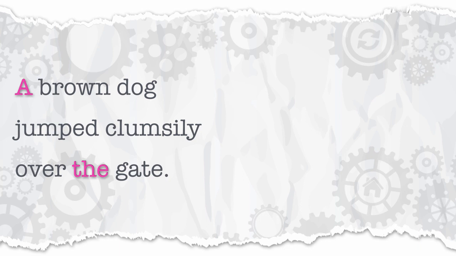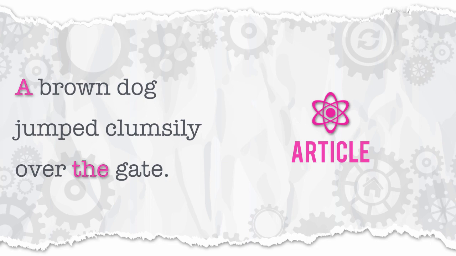What parts of speech are they? These are articles. Ooh, teacher, I have a question. Why do you use a for the dog and the for the gate? Don't worry, we have a whole video about articles, so you can easily explain it to your students.